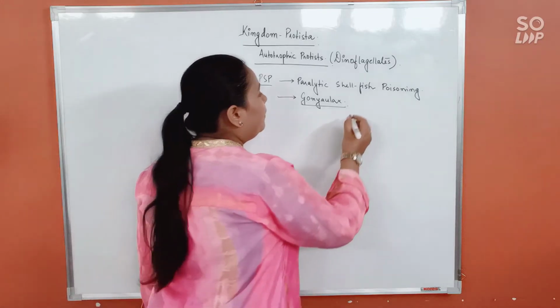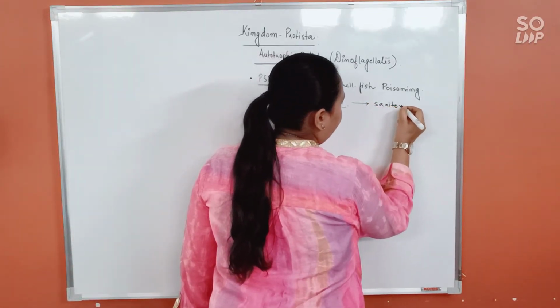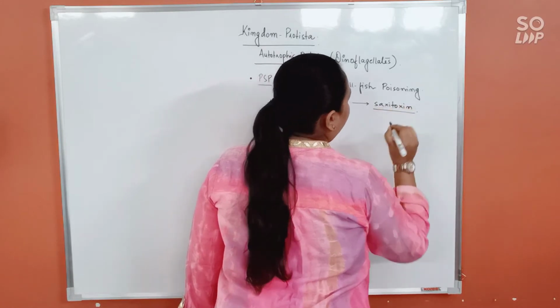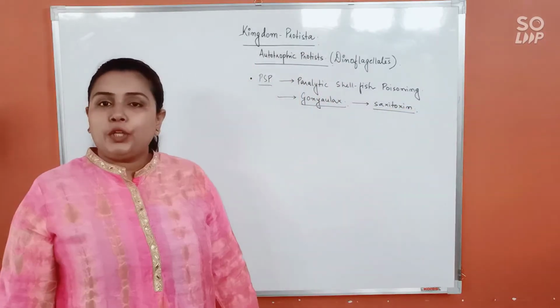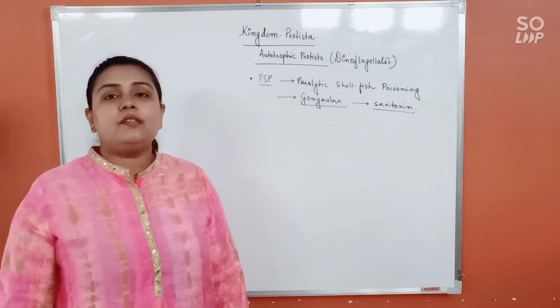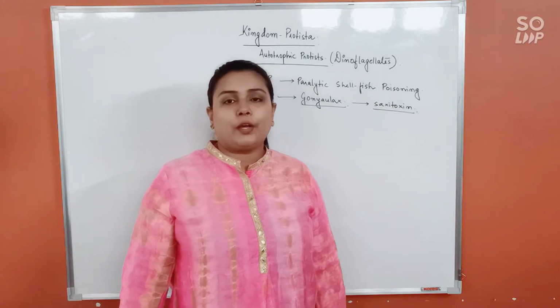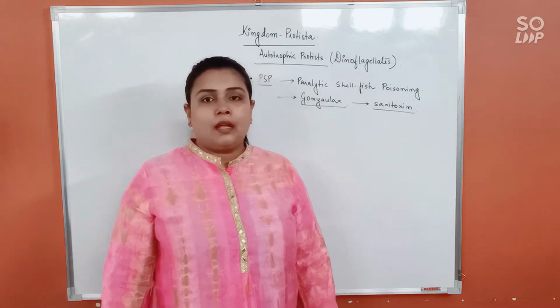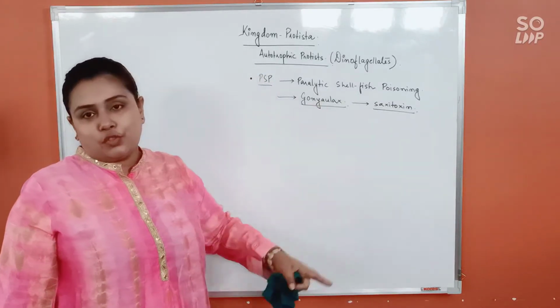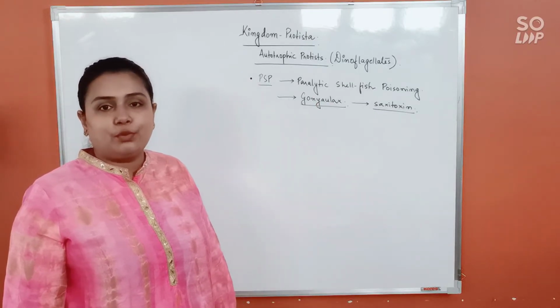The name of the toxin is saxitoxin. Gonyaulax, being an autotrophic microscopic protist, is taken up as food by many other organisms in the aquatic medium. Especially sea shellfish consume Gonyaulax as food.